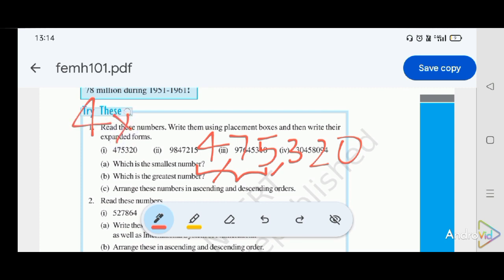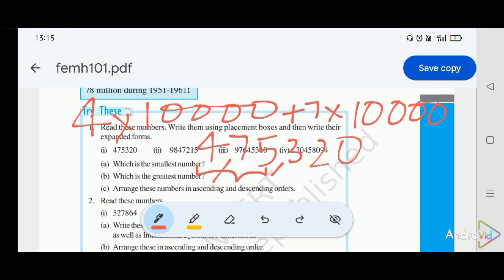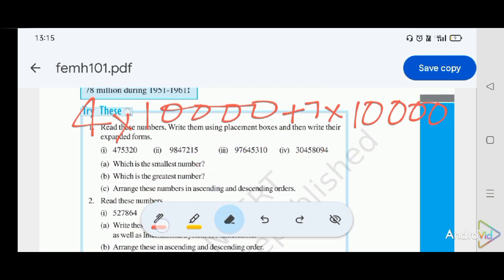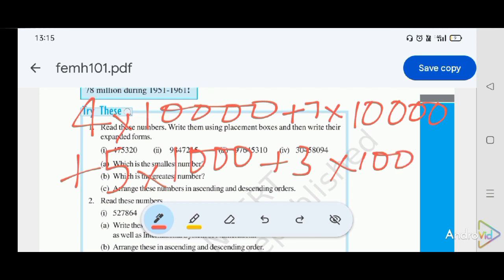The expansion would be 4 into 1 lakh plus 7 into 10,000 plus 5 into 1000 plus 3 into 100 plus 2 into 10 plus, that's it, there is no other number. So this would be the expanded form for this number.